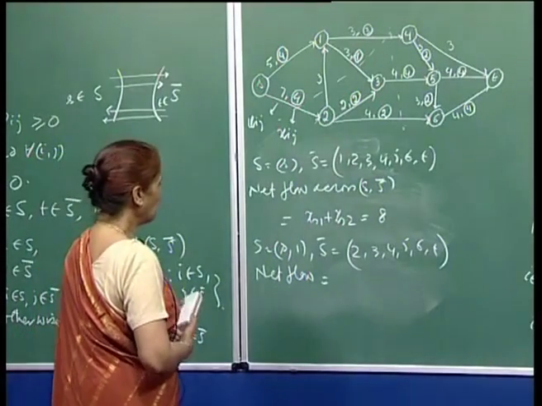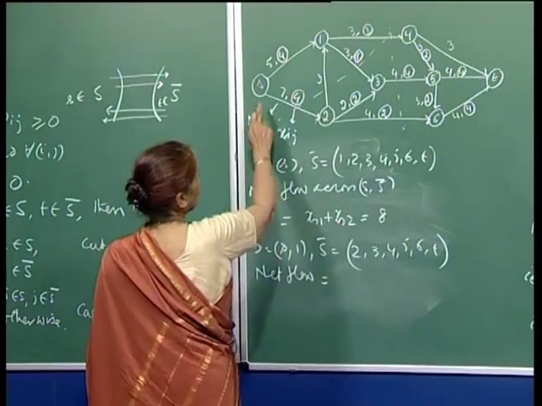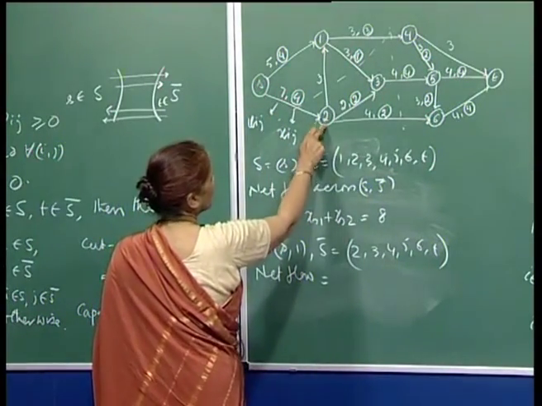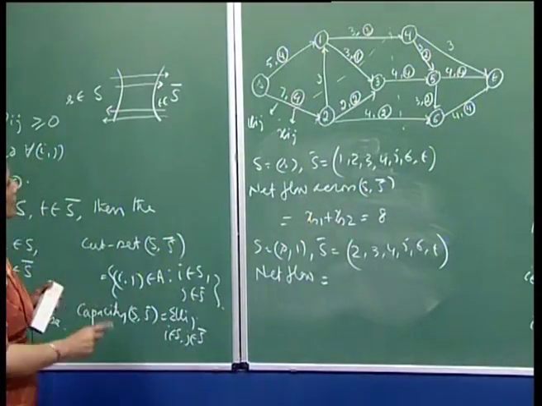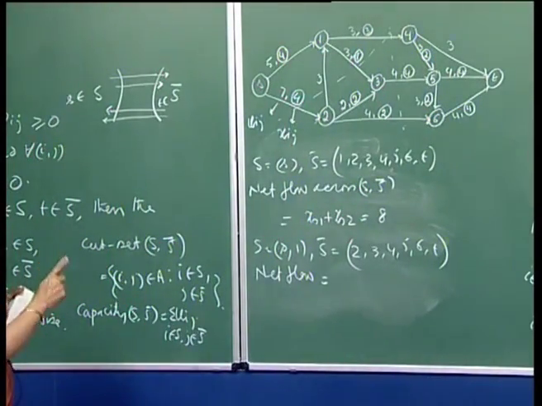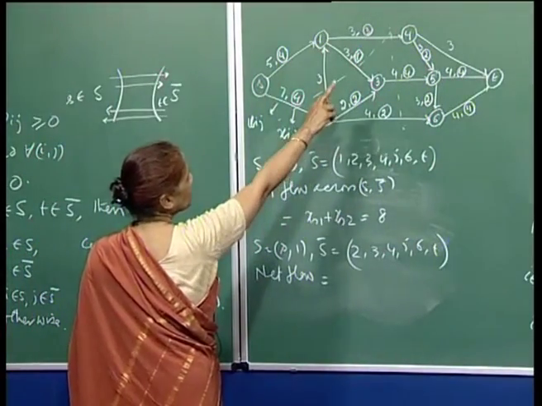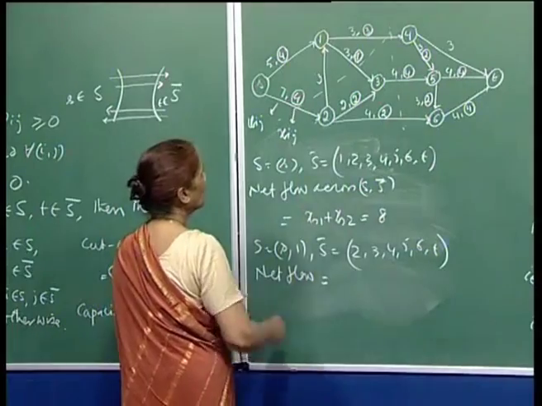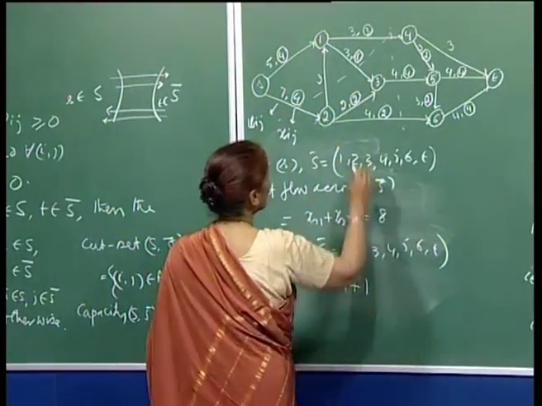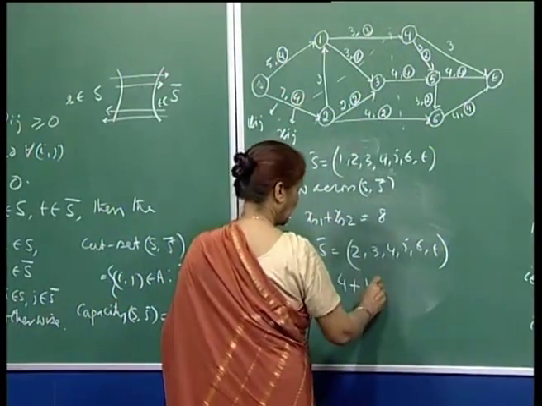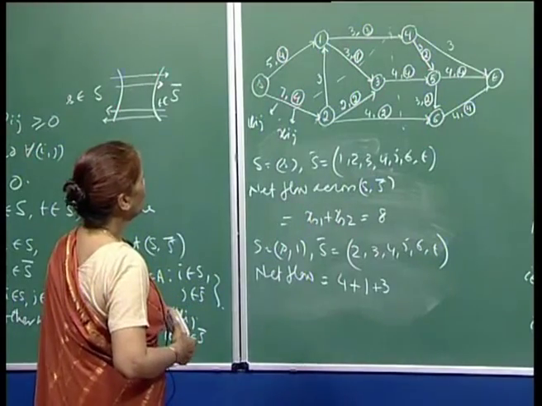Add up the forward arcs. From S to S bar you have the arc from s to 2, and you have 1, 3 and 1, 4. So s is connecting to 2, and 1 is connecting to 3 and 4. So the total flow is 4 plus 1 plus 3 from the arc 1, 4.